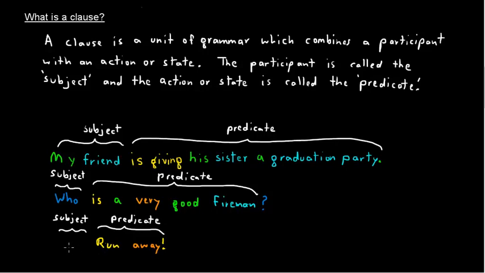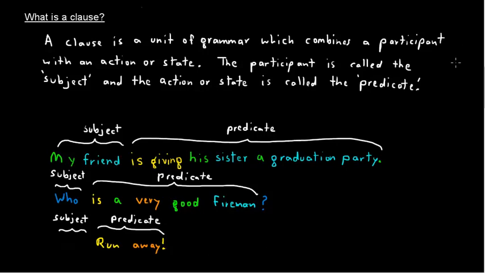That's who I'm telling to run away. That's who I mean when I say run away. And then we have an action or a state. Is giving his sister a graduation party, an action. Is a very good fireman, a state. Or run away, lots of action.